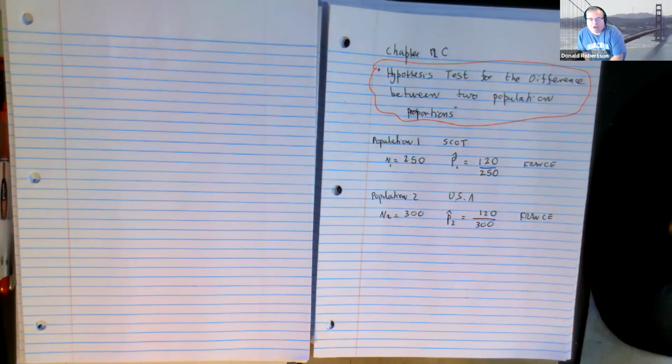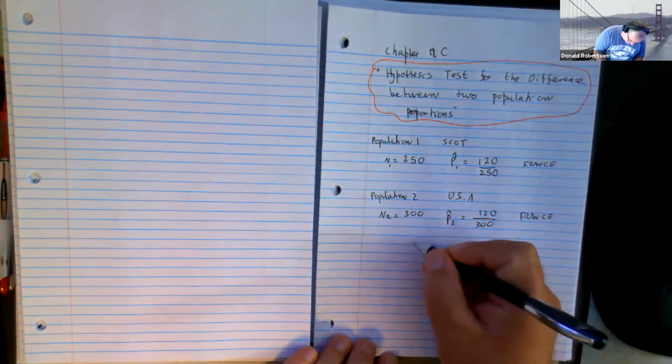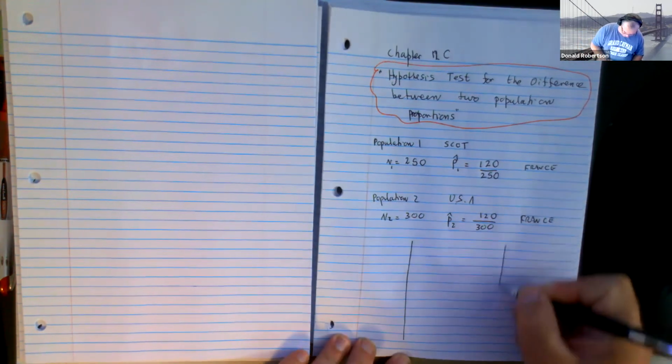So what we would like to do in any hypothesis test when we have two populations is find out, is there evidence to prove that they are different in some way? To do that, we set up a null and an alternate, and there are 3 different versions.